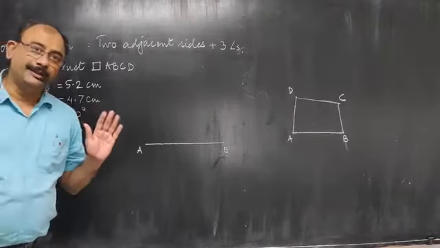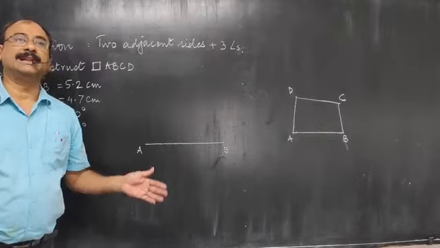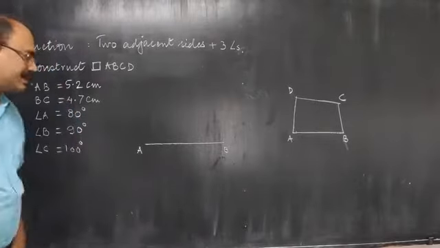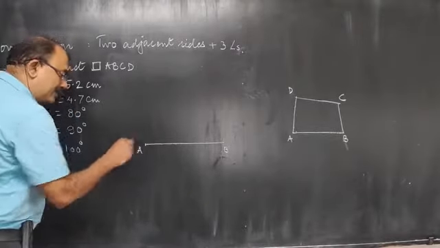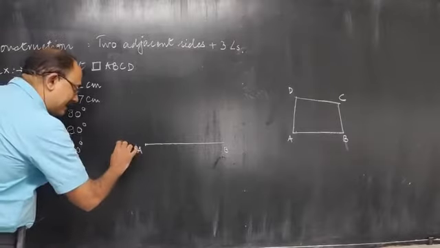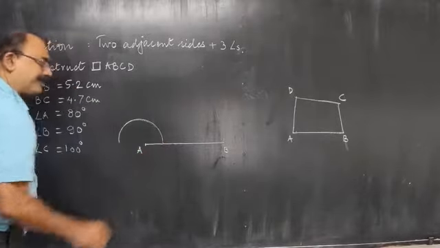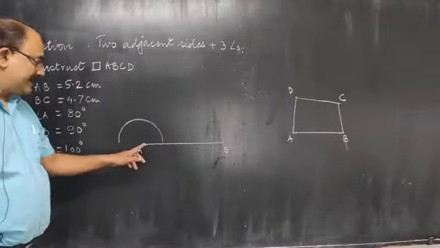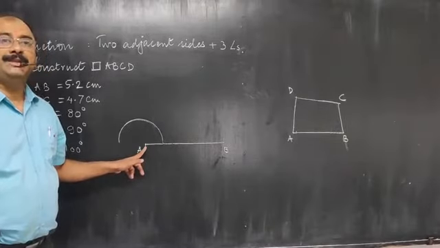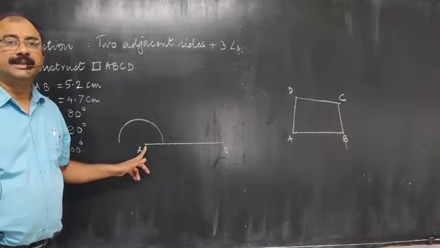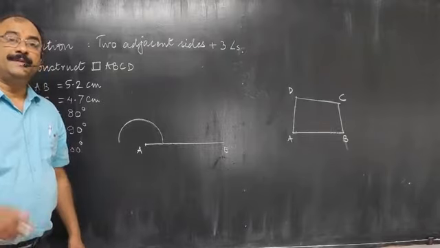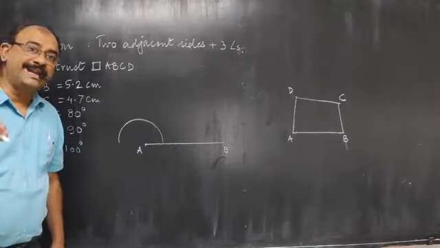Now, I know that children get confused with the construction of angles. What will you do? You will keep the protractor like this at vertex A, and you will start counting from the 0 which lies on the side of the angle.